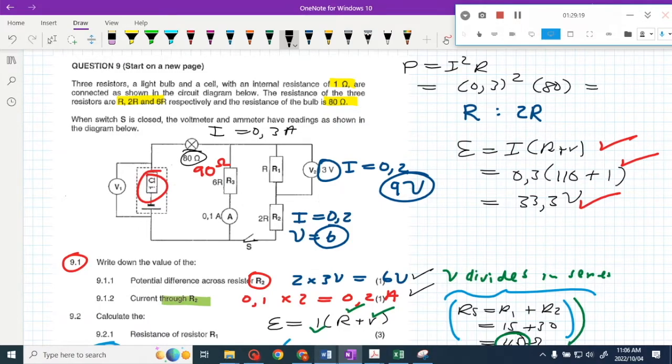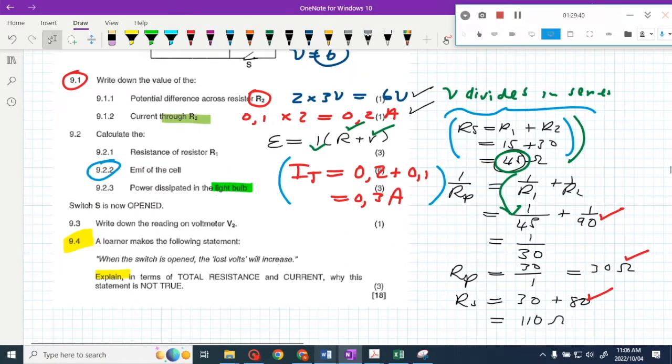And the final answer is 7,2 watts. No unit, no marks. Do we agree? It's fine. Any questions? Mark allocations, 1 mark for your formula, 1 sub, 1 for the final answer. No unit, no marks.